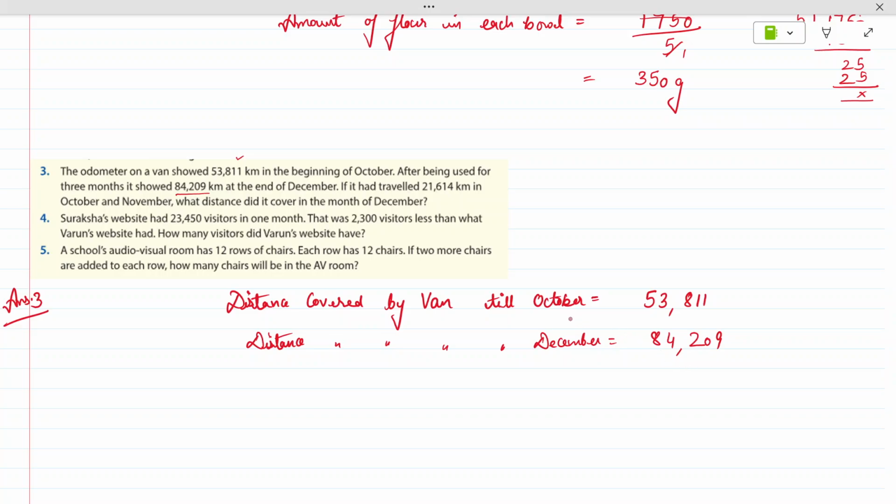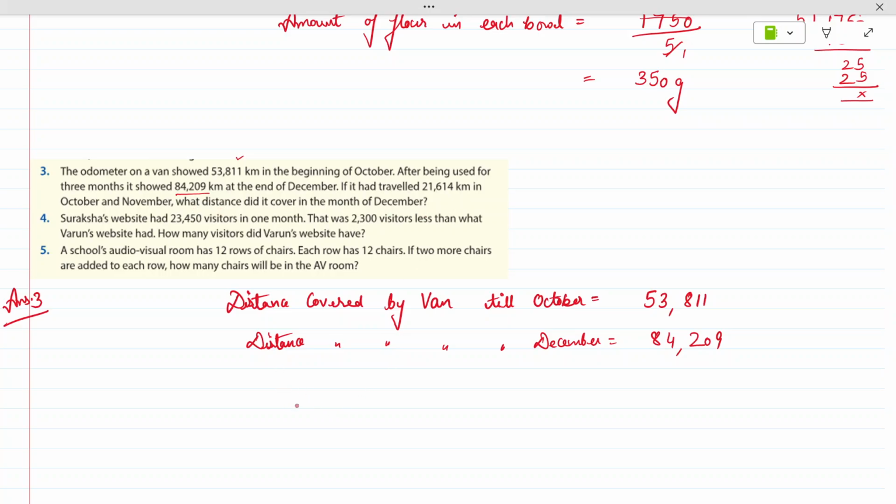Okay, so within these 3 months the van has covered the distance of the difference between these two. If we want to know the distance covered by the van in 3 months, it will be the difference of these two. This is general mathematics. Now if it had traveled 21,614 kilometers in October and November, then what distance did it cover in the month of December?